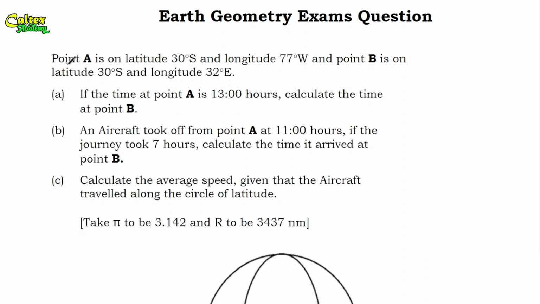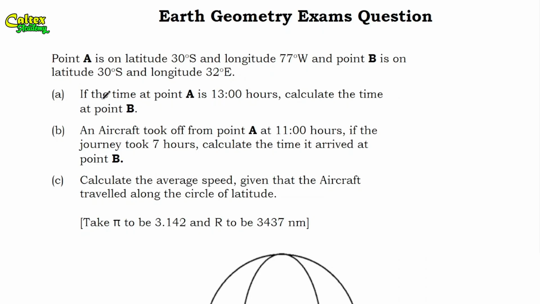It says, point A is on latitude 30 degrees south and longitude 77 degrees west, and point B is on latitude 30 degrees south and longitude 32 degrees east.